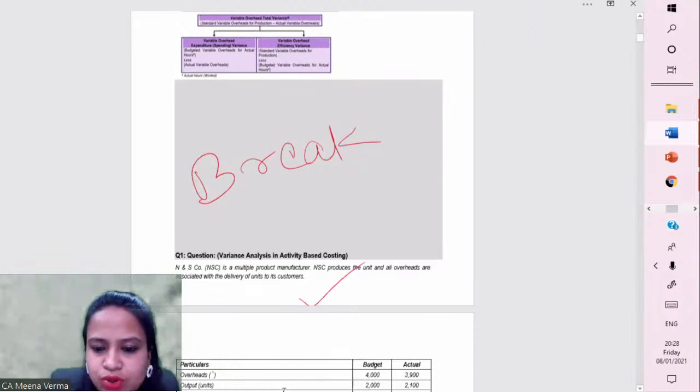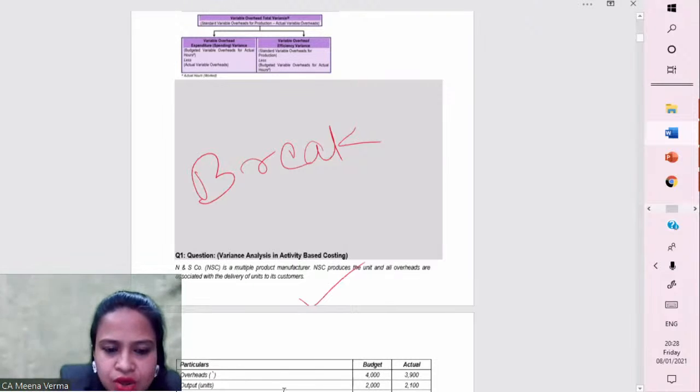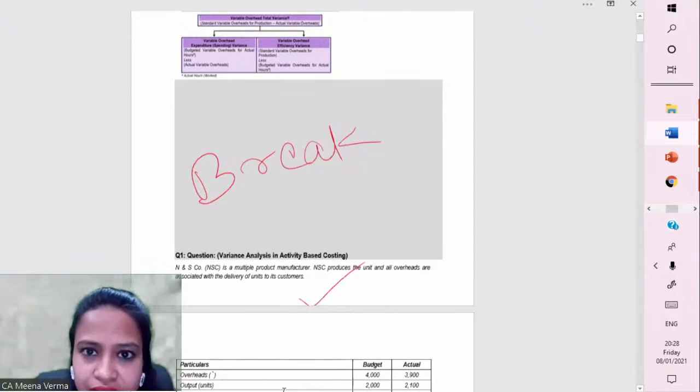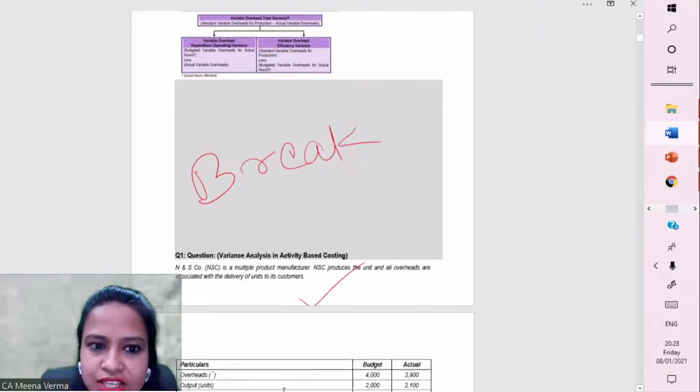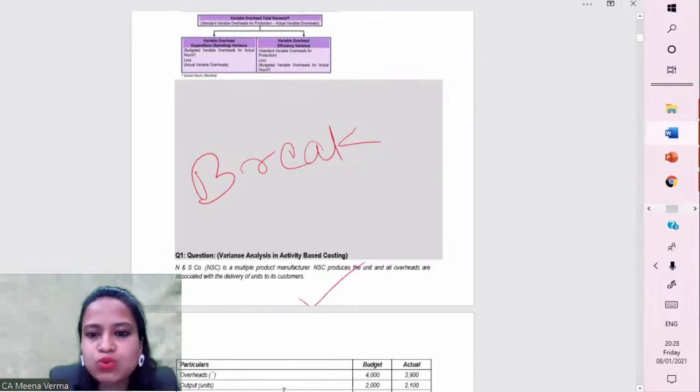If we have output 2000, we have a standard activity of 20 deliveries.